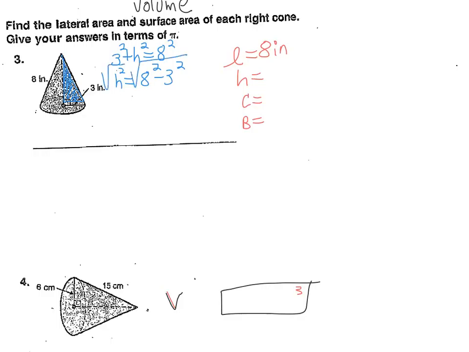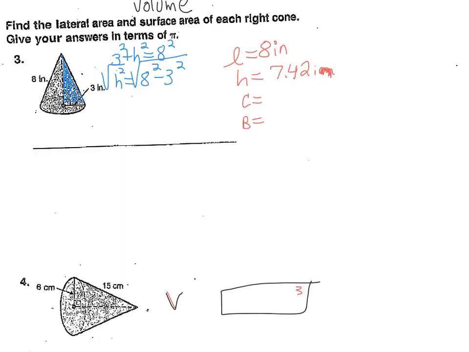Just put that in the calculator. You get 7.42 to the hundredths place. If you're going to use a measurement within your calculations, it's always better to round it to the hundredths. This is inches.